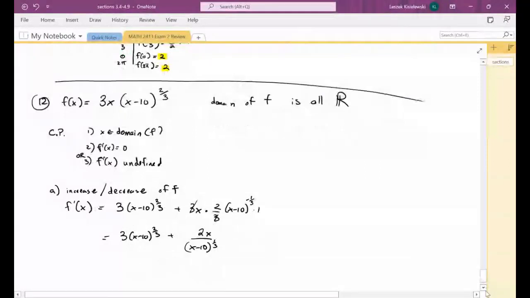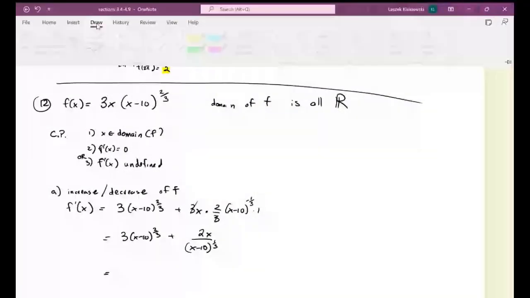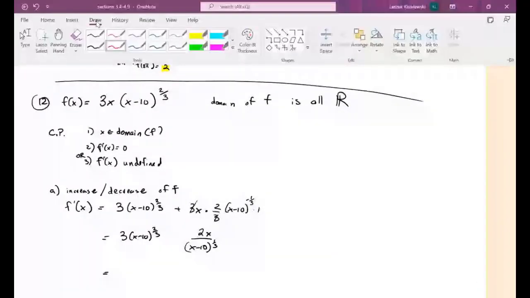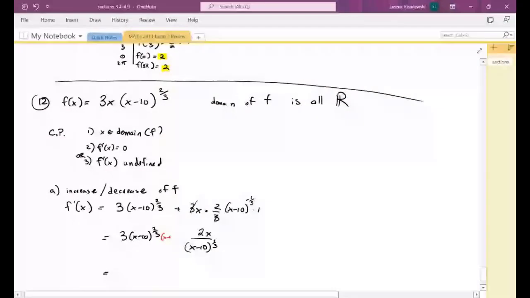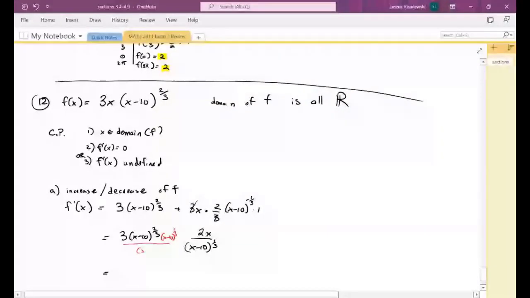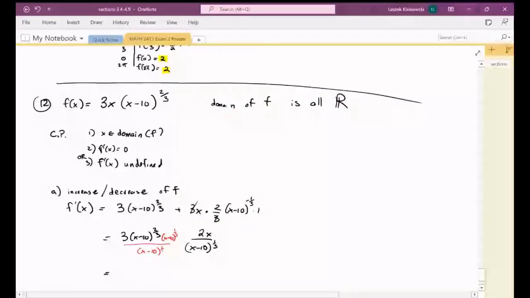You can even just set it equal to 0 and get it that way, but I'm just going to find this common denominator, just anticipating that we might have to compute the second derivative for one reason or another. So multiply the top and bottom by all that.